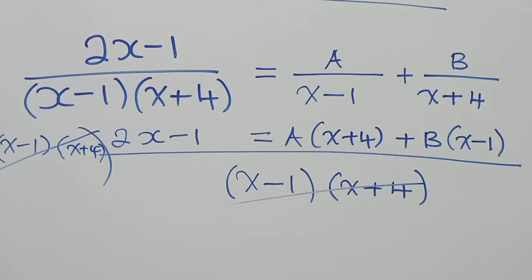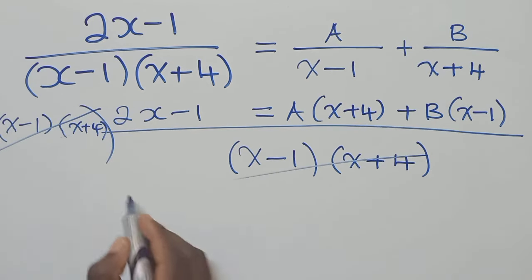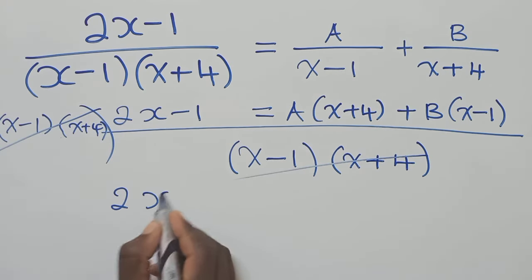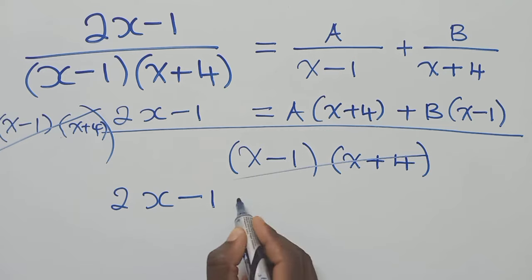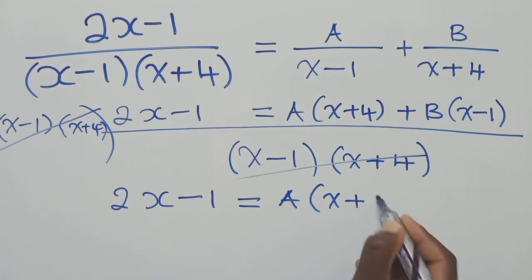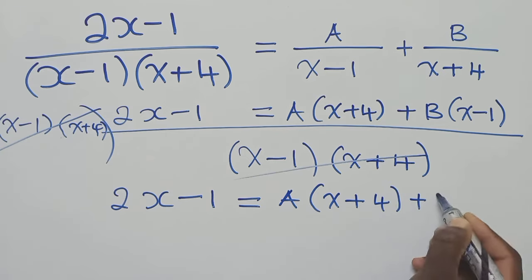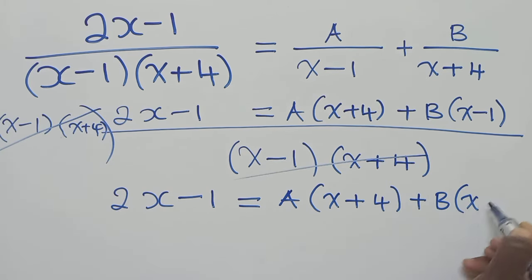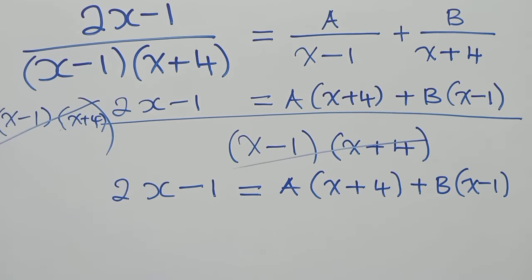We will remain with 2x - 1 is equal to A(x + 4) + B(x - 1), like that. So this is what we have.